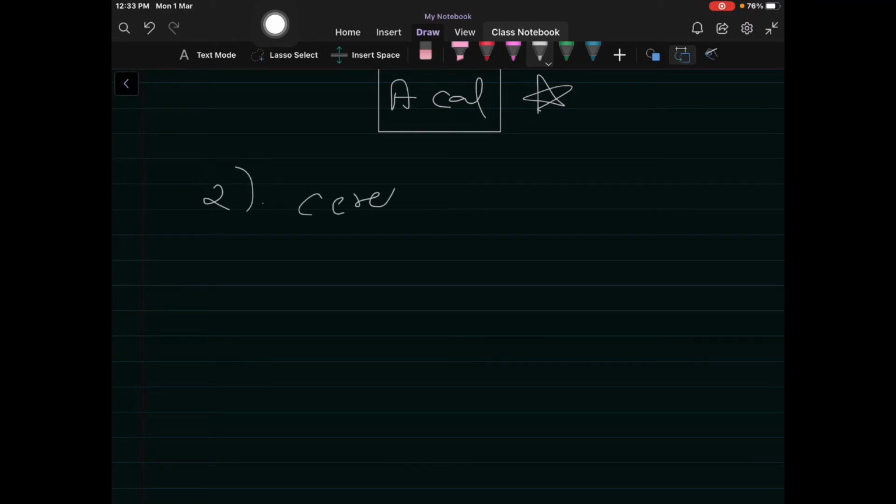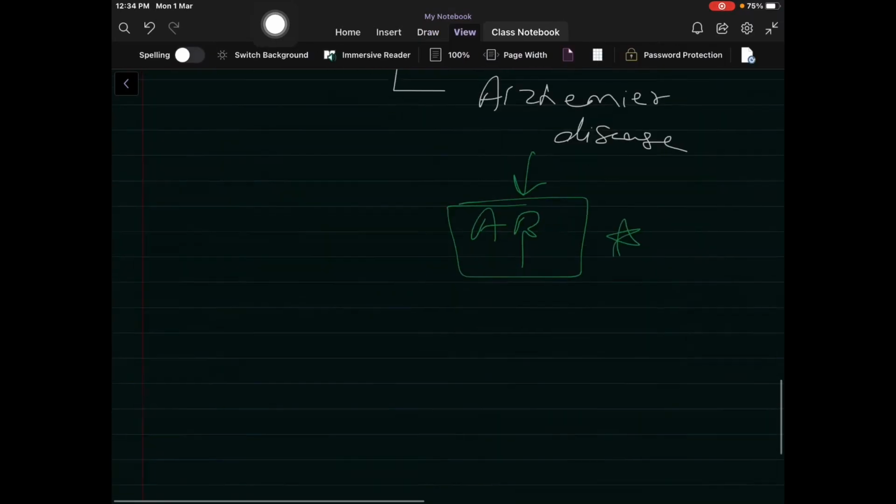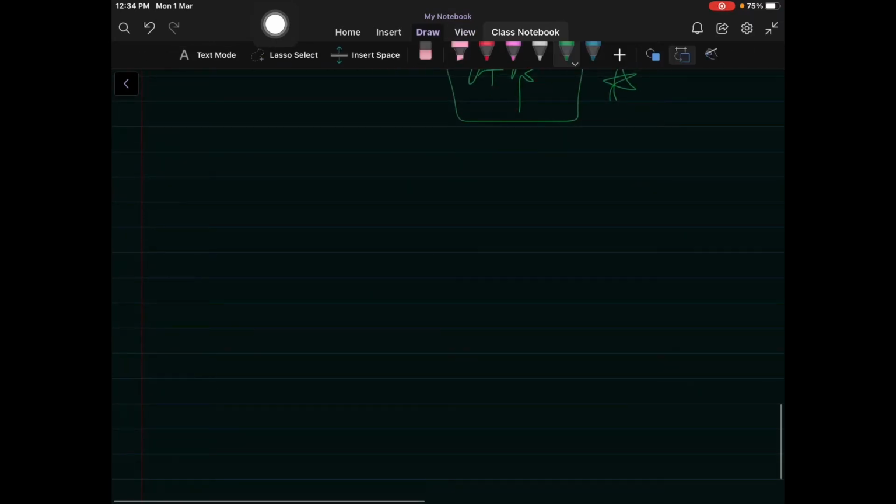The next involvement is cerebral. And the disease associated with the cerebral is Alzheimer's disease. And the major fibril protein will be A beta. So this is to be remembered, A beta.